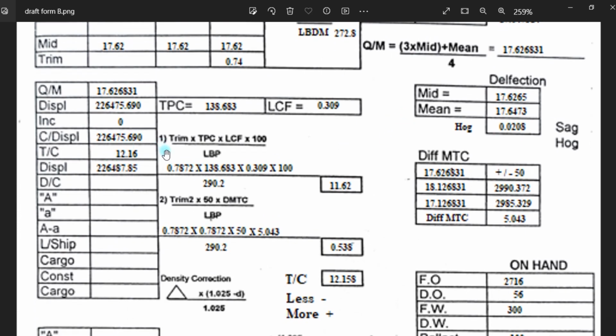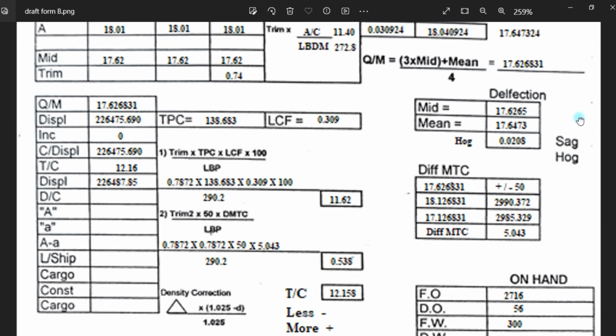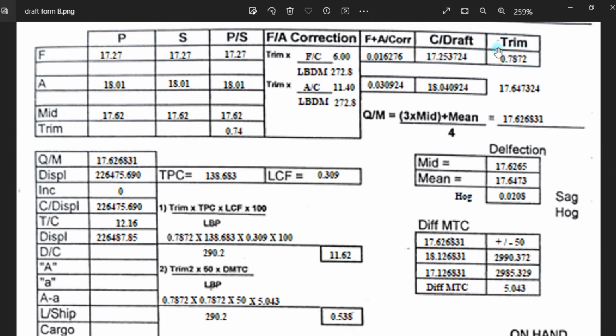So the first correction would be trim. What is the trim? Which is this one, shift trim. The newly trim, or the true trim or corrected trim, is 0.7872, which is this one, 0.7872, times your TPC, which is this 138.683, times LCF. LCF is 0.309, which is this one, times 100 over your LBP of 290.2.